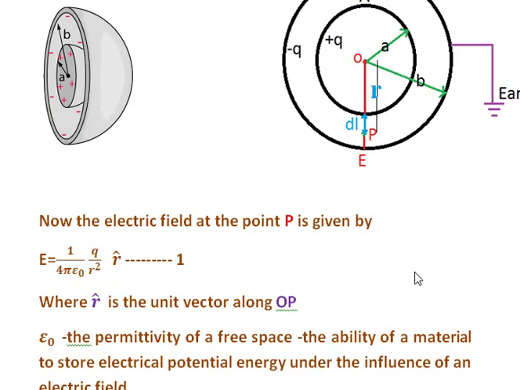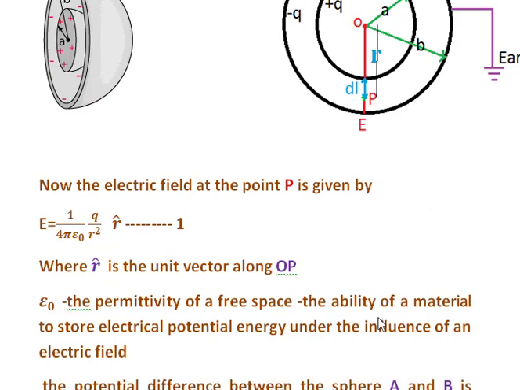If you apply an electric field, different materials hold differently. So the ability of the material to store electrical potential energy is called permittivity. It permits to store the charges.